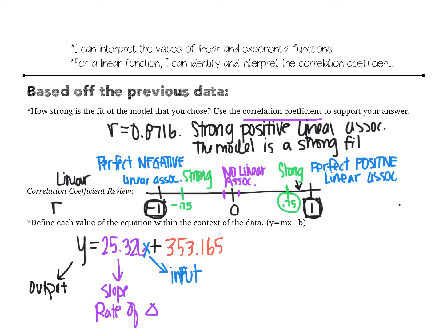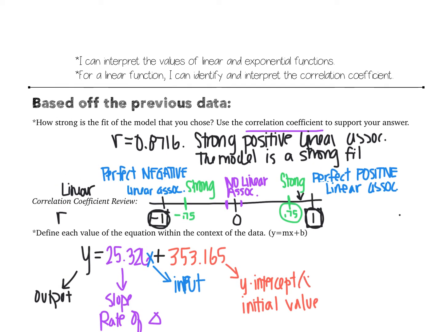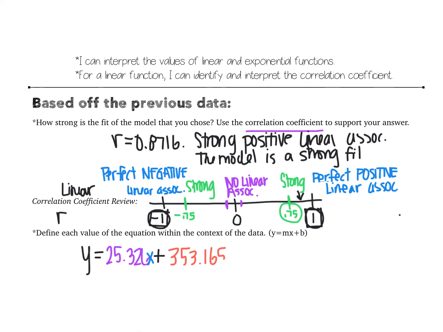And then this is my y-intercept, or we might think of it as my initial value. And at the y-intercept, that is when x equals 0. So just a quick review of what all of those pieces are. Go ahead and write that down if you need to.